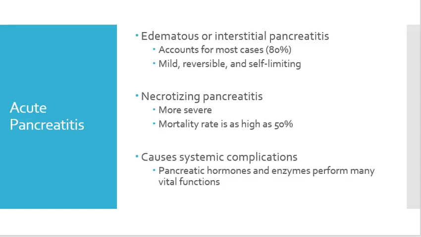The first is interstitial edematous acute pancreatitis, which is characterized by acute inflammation of the pancreatic parenchyma and peripancreatic tissues, but in this type there is no recognizable tissue necrosis. The second is necrotizing acute pancreatitis, which is characterized by inflammation associated with pancreatic parenchymal necrosis and/or peripancreatic necrosis.